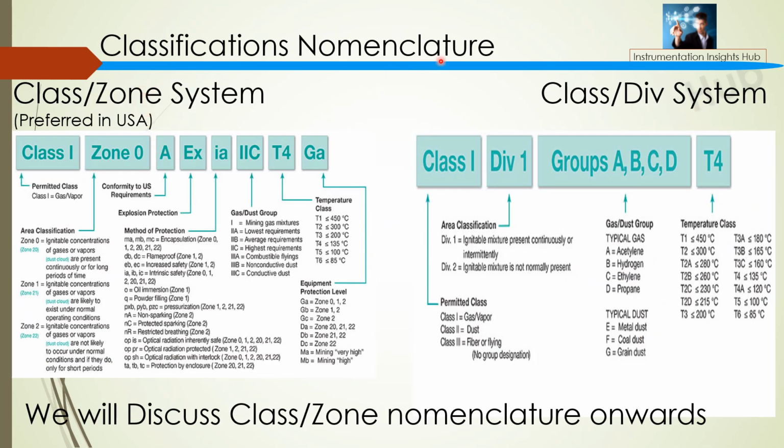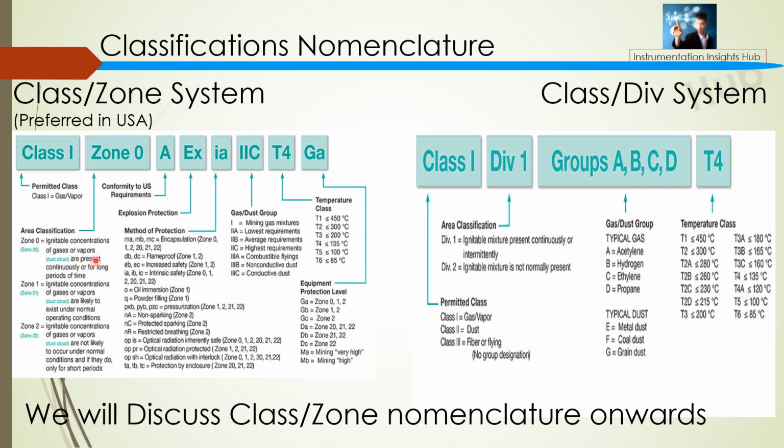So coming to the classification nomenclature, first of all, the class division system is preferred in the USA, and the class zone system is preferred in European countries and India. We will discuss the class zone system nomenclature. Class 1 is for gas and vapor.